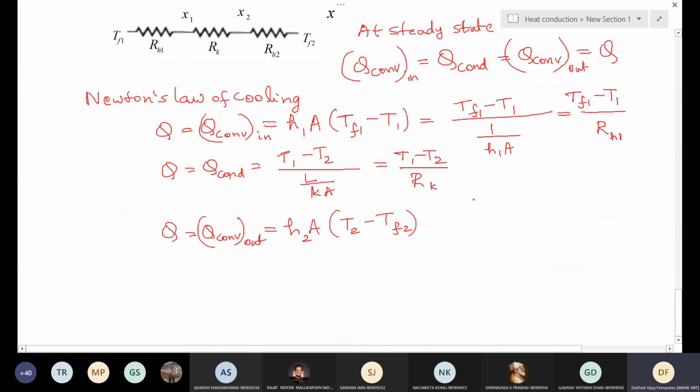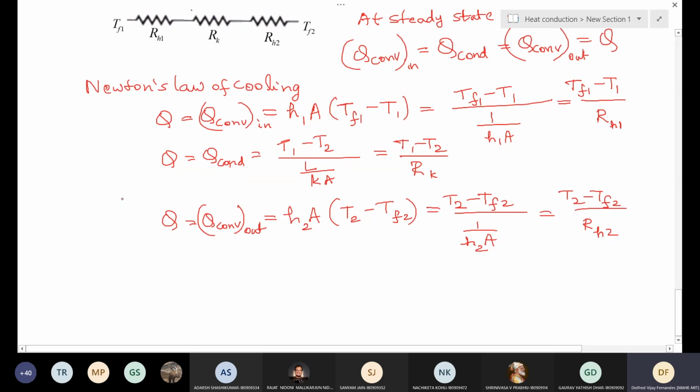So H2A2 into (T2 minus TF2) is the convection out, and we can write this as (T2 minus TF2) divided by 1 by H2A, and this is nothing but (T2 minus TF2) divided by RH2, right?